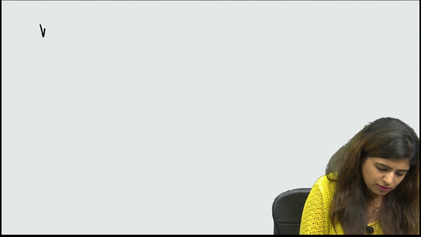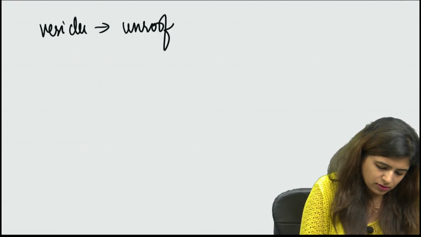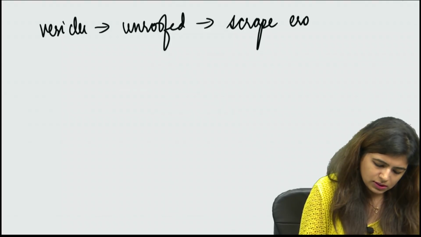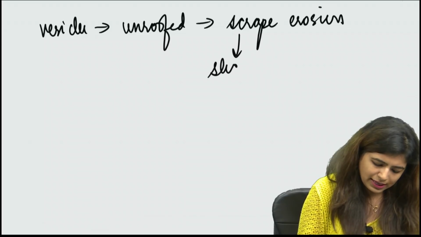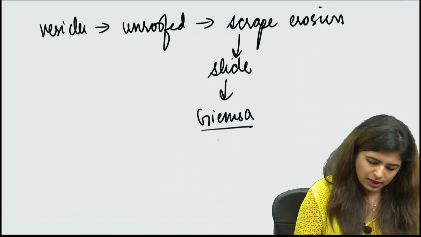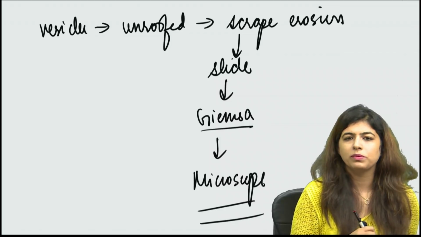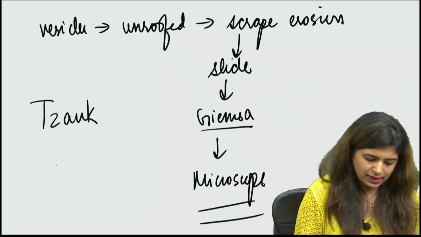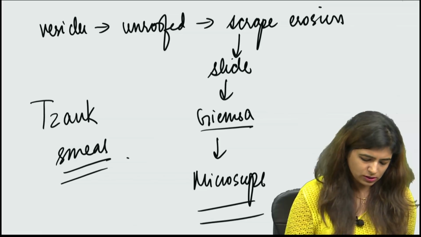So a vesicle is unroofed, scrape the erosion, put the material on a slide, stain it with Giemsa, and then look under the microscope. That is what you do in Tzanck smear.